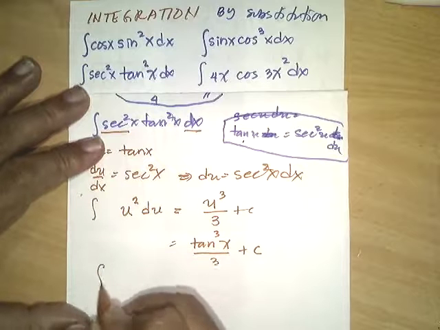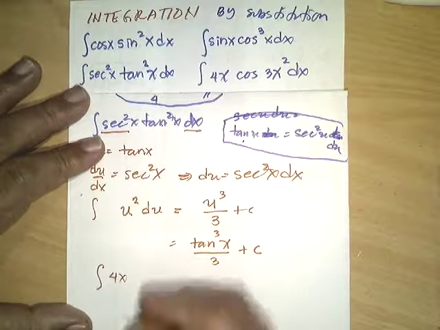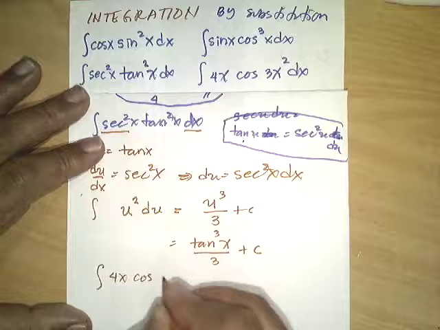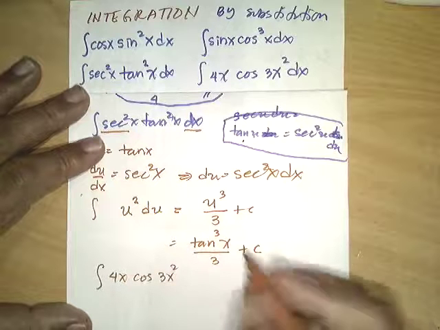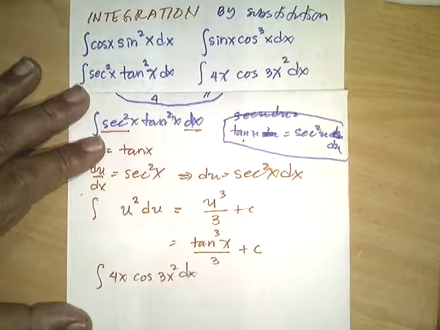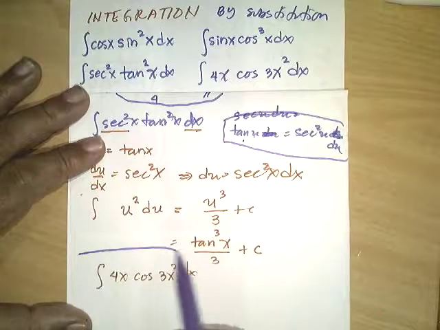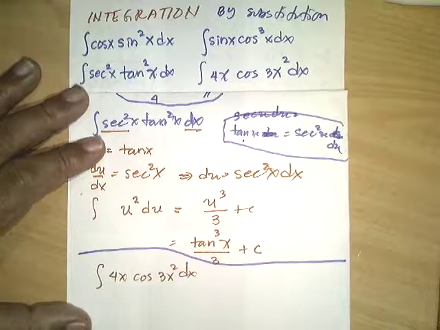The integral of 4x cosine 3x squared dx. It's a bit confusing maybe.